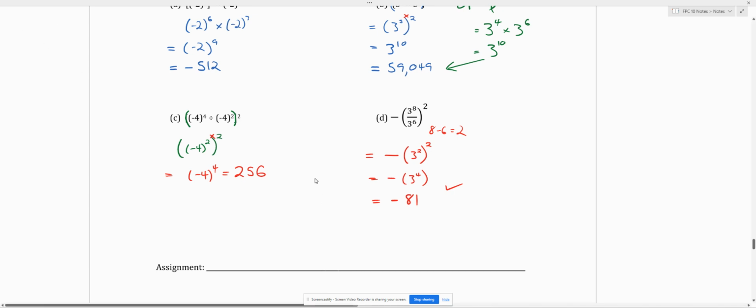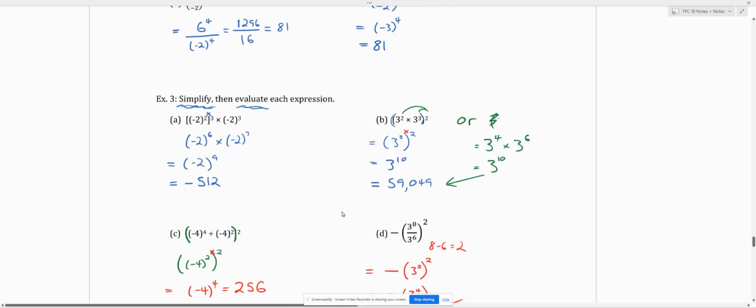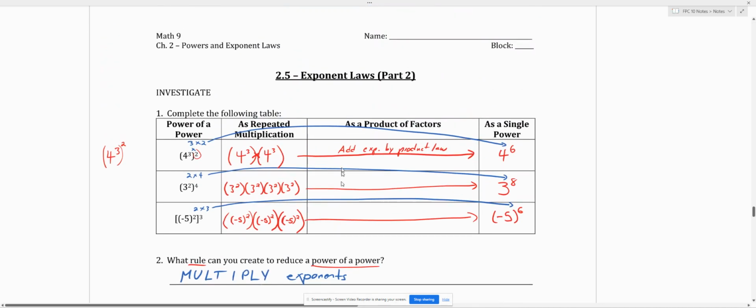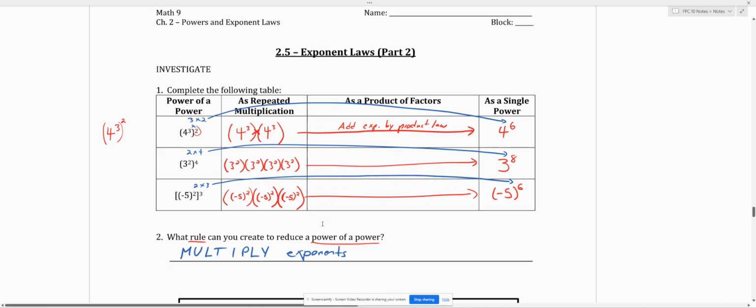That concludes our final lesson, if I exclude the extension lesson for negative exponents. Recap, what did we learn? Well, whenever we have a power raised to another power or another exponent, all we got to do is multiply those exponents. Okay, that's all we're doing in all three of these blue lines.